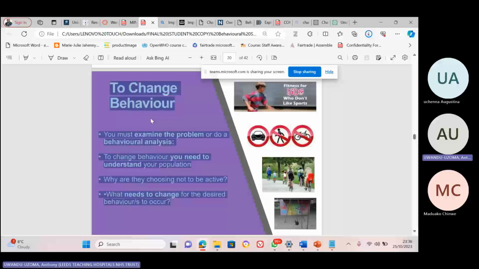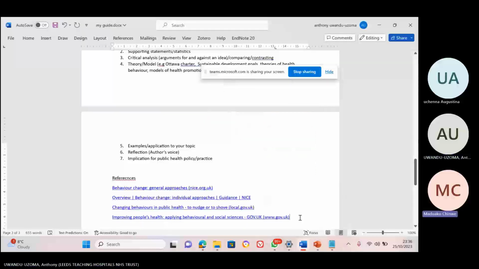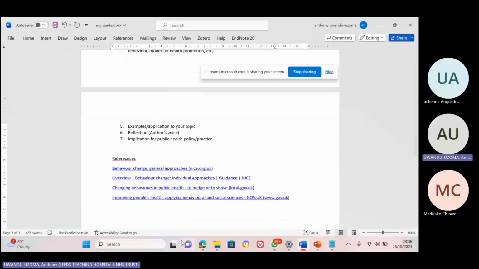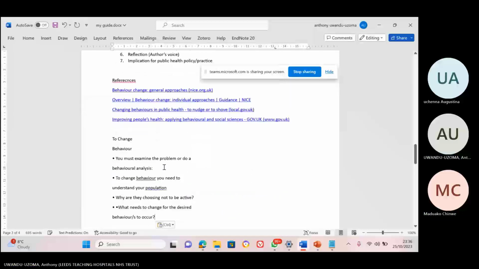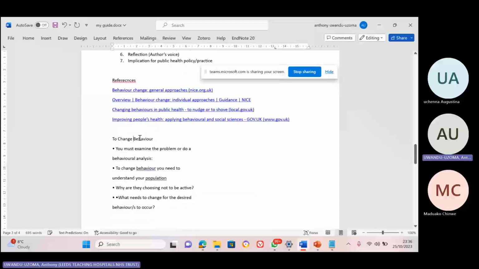Because in the exam, they may ask you, how will you change someone that is addicted to smoking? I should design an intervention to get the person to stop smoking. So how will you design that in the intervention? What are the steps?